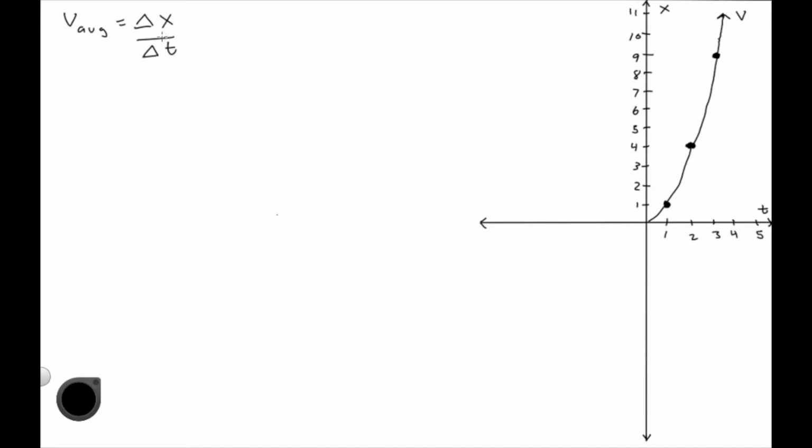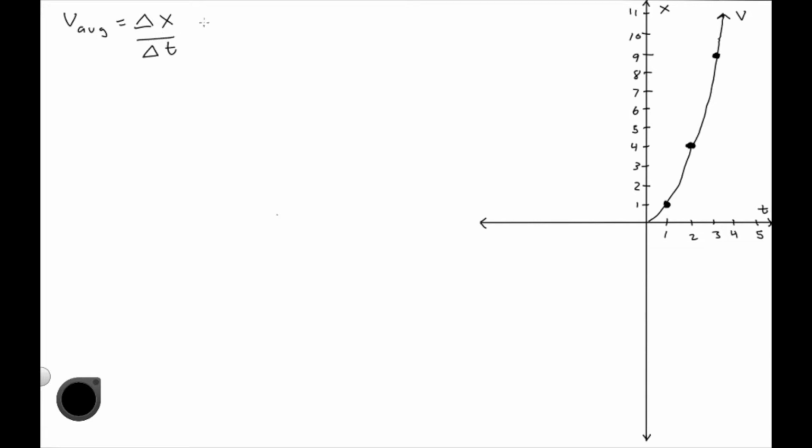To get the instantaneous velocity, we want to take our delta t, or our time interval, and make it as small as humanly possible. Essentially, we want to make delta t as close to zero as possible. The closer a number is to zero, the smaller that number is.